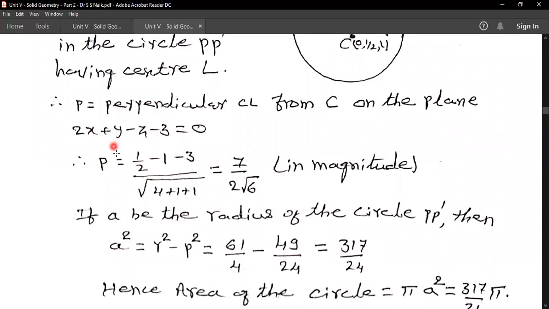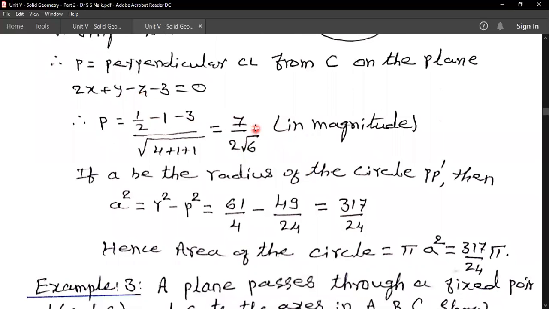Using that formula, we get P is equal to (1 by 2 minus 1 minus 3) divided by square root of the sum of squares of the coefficients: 4 for x, 1 for y, and 1 for z. So this is equal to 7 upon 2 root 6 in magnitude.